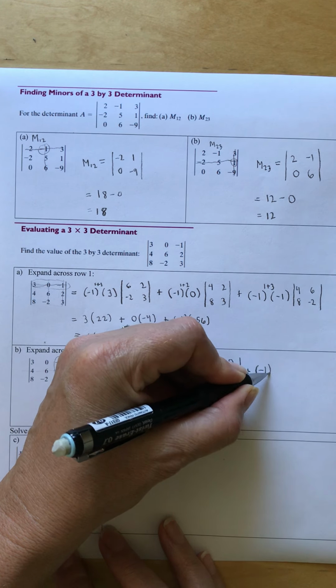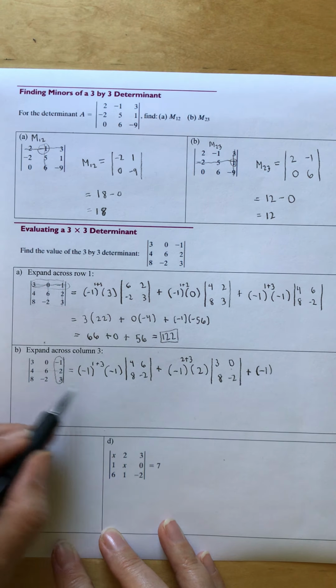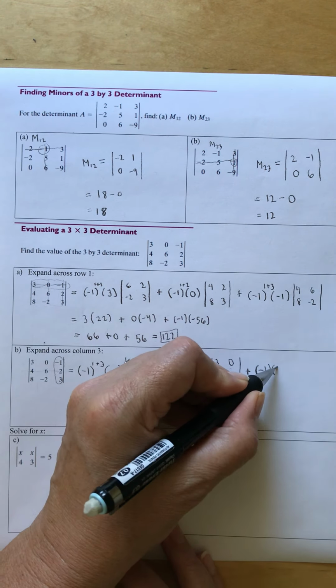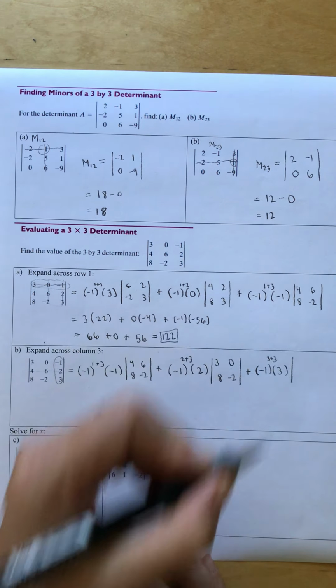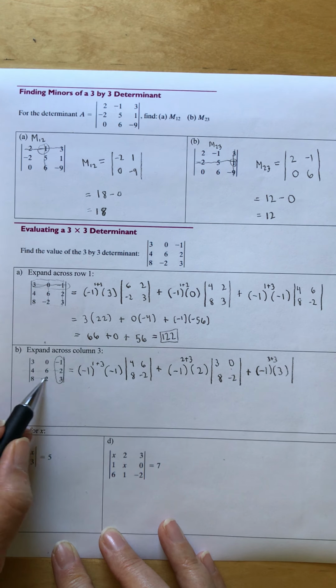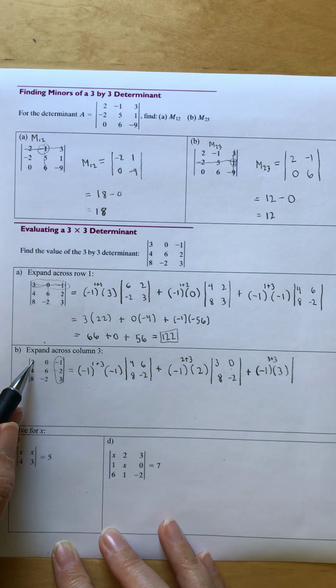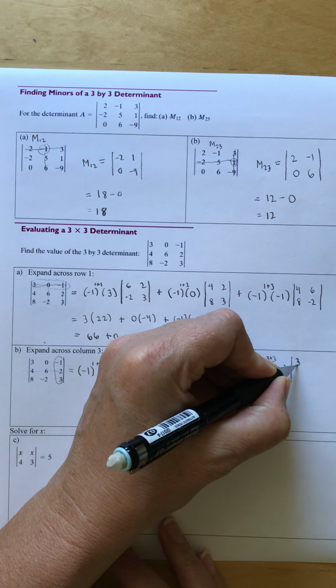Then a negative 1, and I'm on the 3 now. That 3 is in row 3, column 3, so that'll be 3 plus 3 for the exponent there. If I cross out row 3, column 3, then I get 3, 0, 4, 6.